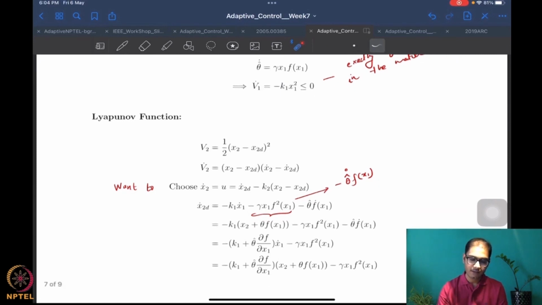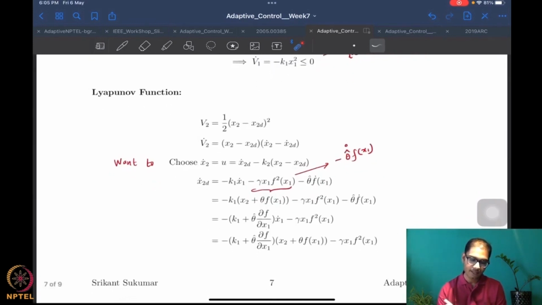All right, and then the next term, because we are doing the product rule for the differentiation, right? So you have theta hat dot f(x1) and theta hat f dot(x1). And of course I plug in for the x1 dot. I keep the theta hat f dot(x1) as it is, right?